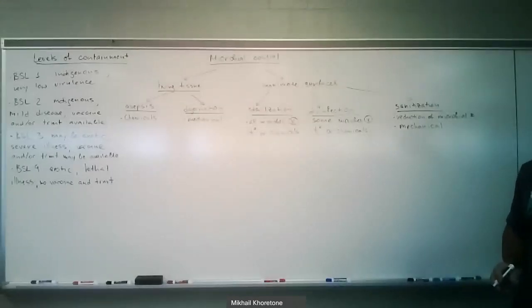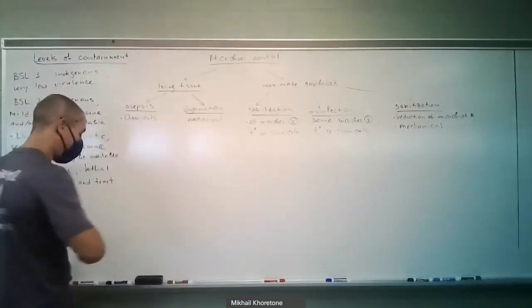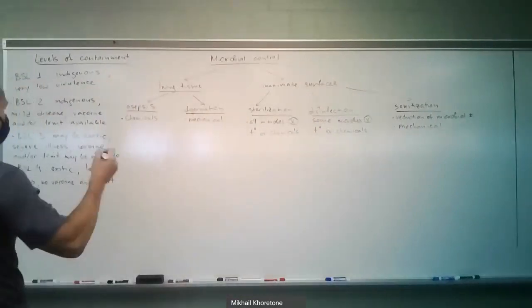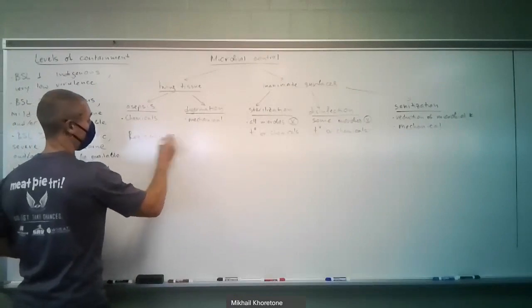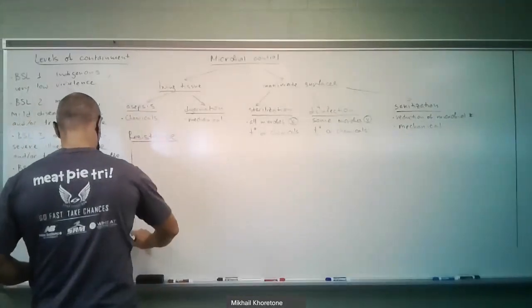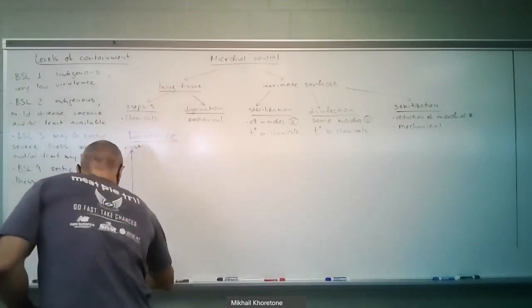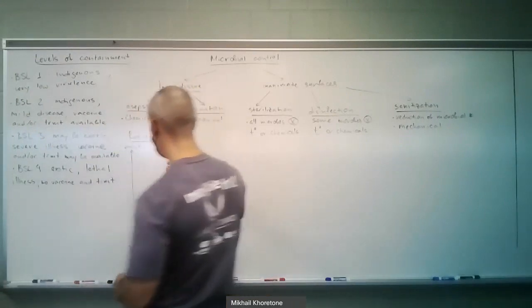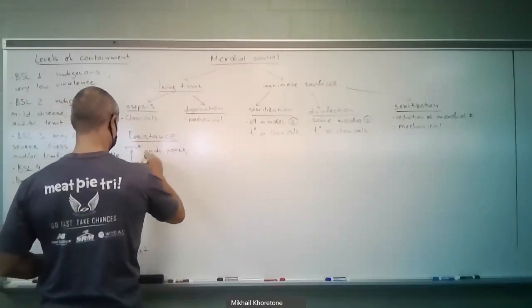Are you following? Now, a couple of really important things here. So, grade of resistance. How are we gonna differentiate between different microorganisms? So, most resistant on top, least resistant on the bottom. So, most resistant, bacterial endospores and prions.